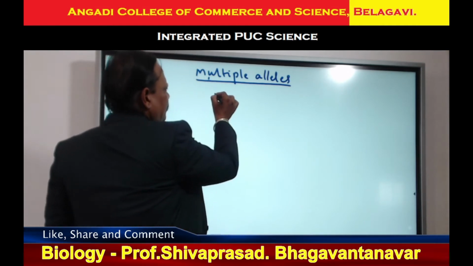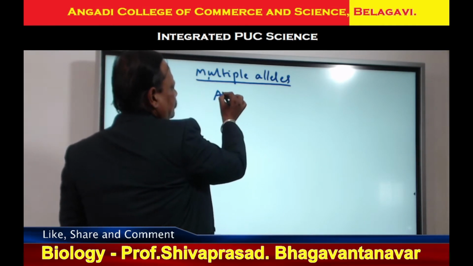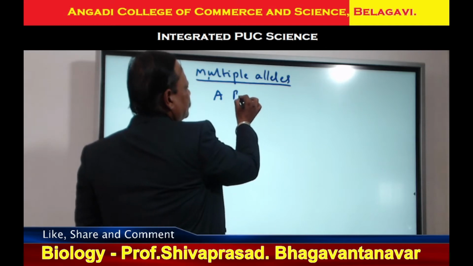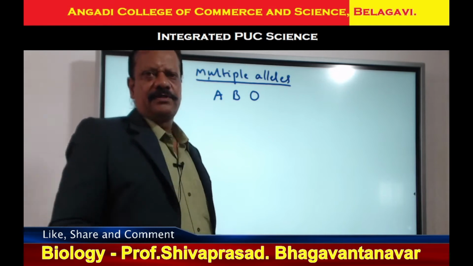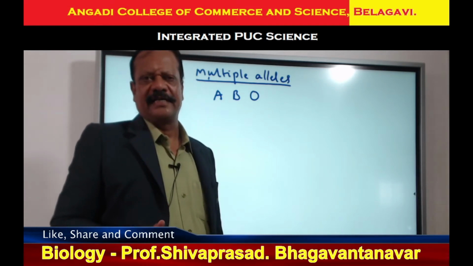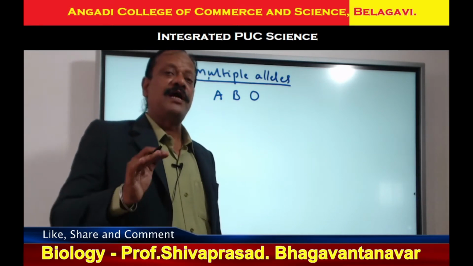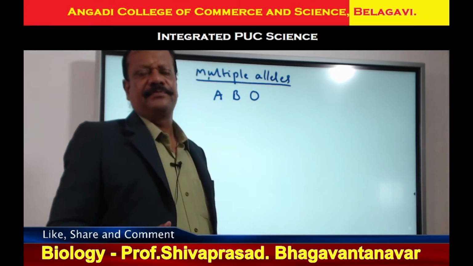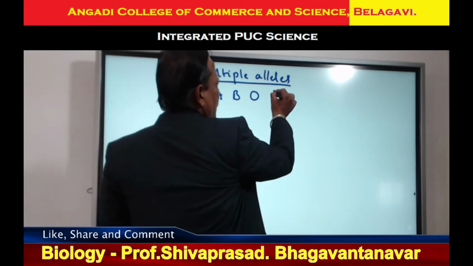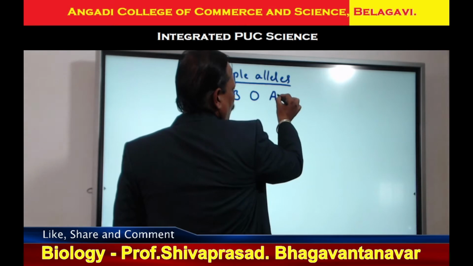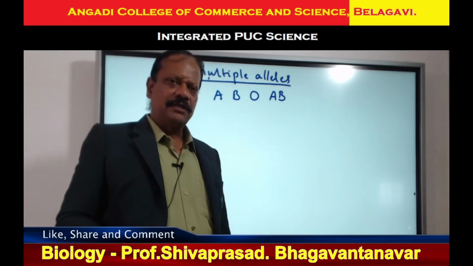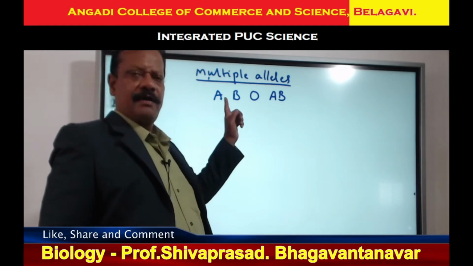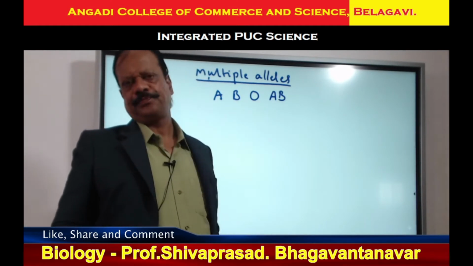Those are A, B and O. 3 types of blood groups you people can see. And when we are taking blood group, again we are adding one more group, we are calling it AB. So the basic ones are A, B and O.